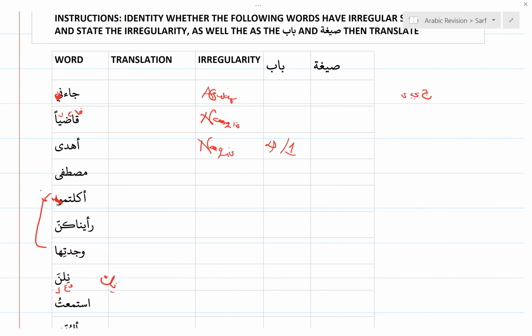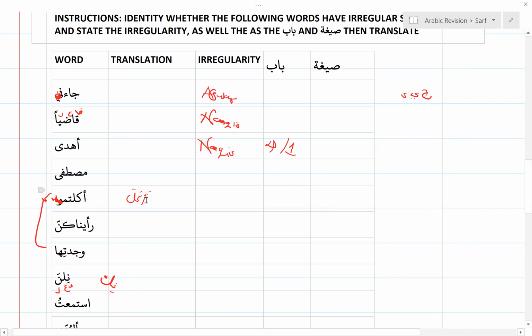But now if we know the Hua version, we take it to the Hua version. So what would be the Hua version? Akala. So we have akala to work with. Then we ask ourselves, what is the fa letter? Hamza. You got your Mahmuz al-Fa there.